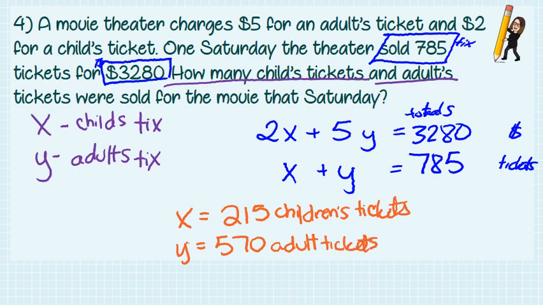Check our work. If I add those up, I end up with 785 tickets, so that's good. If I multiply 215 by 2 and I multiply 570 by 5, I have a total of $3,280. If I plug it back into the scenario, it makes sense as well.